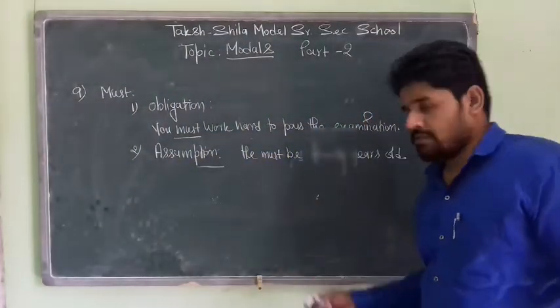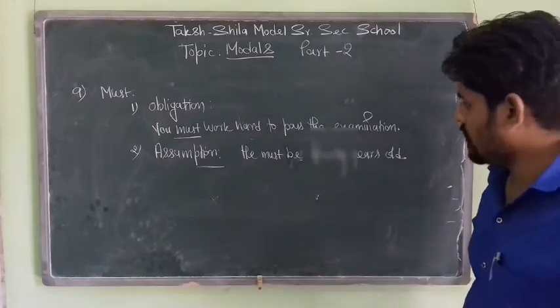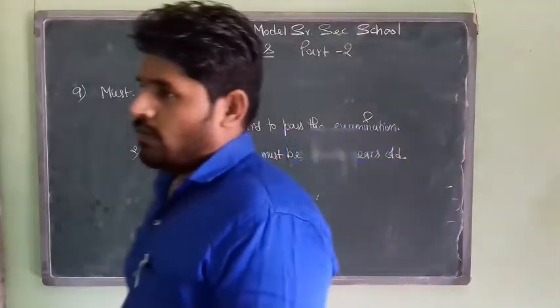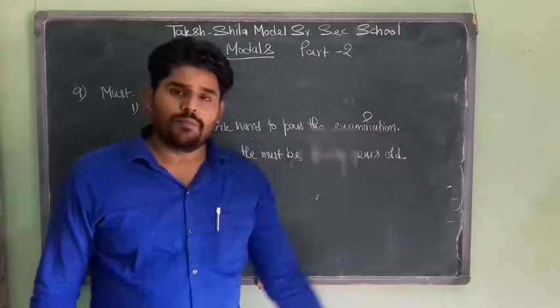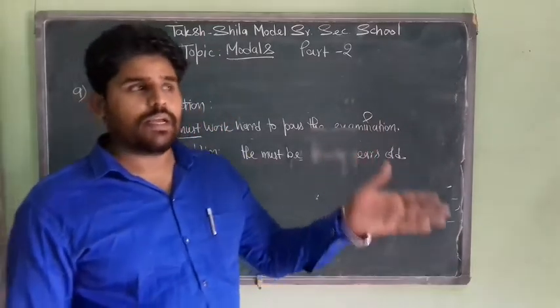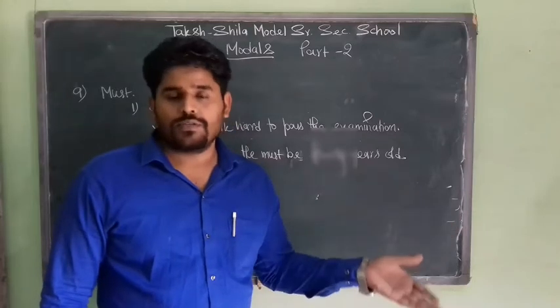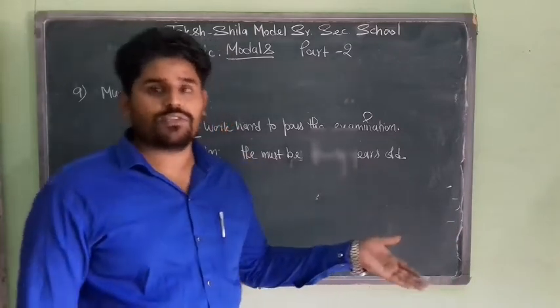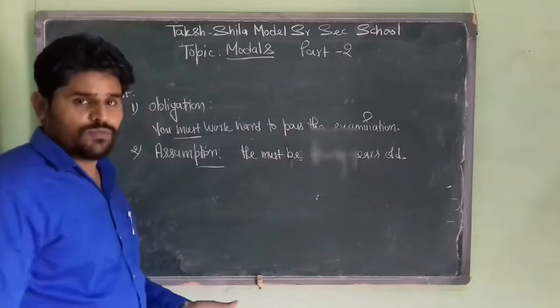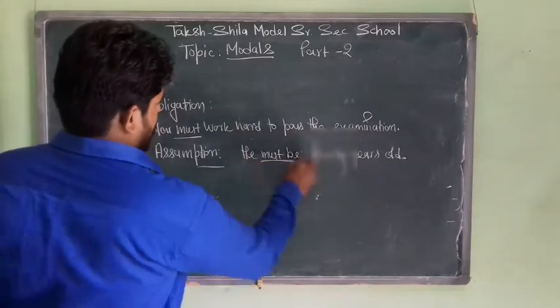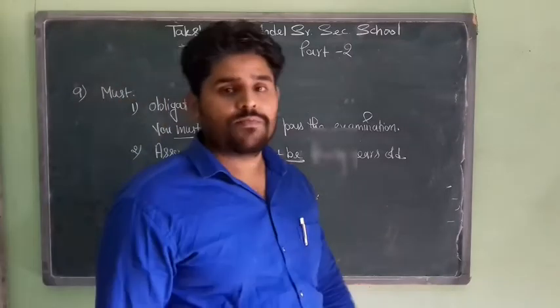And that is why we are just making a speculation. So we can say he must be 40 years old, or it must be a boy. Means somebody has done something wrong and we are not sure whether the person is a boy or a girl. So it is just an assumption that we are making that the person must be a boy. So here for assumption we use must be, right?